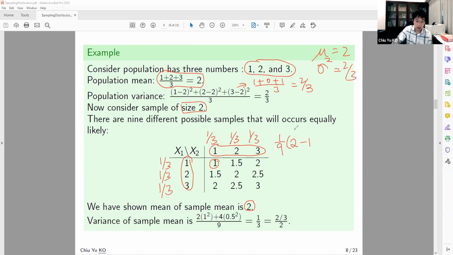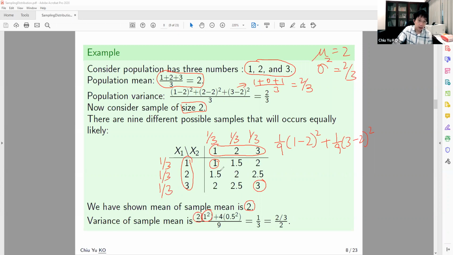It should be 1 minus 2, squared, and this is also 1/2, sorry, 3/2 squared. So that's why you have this 1 squared times 2.